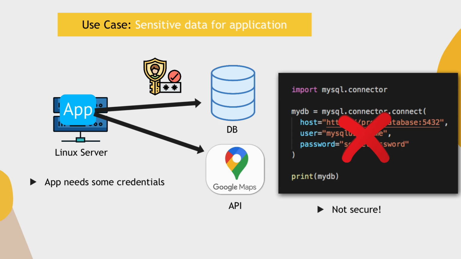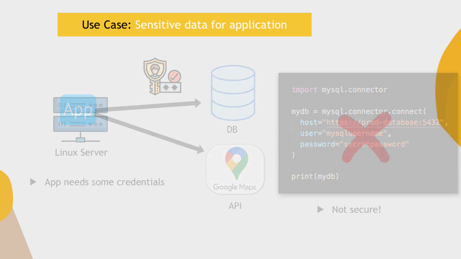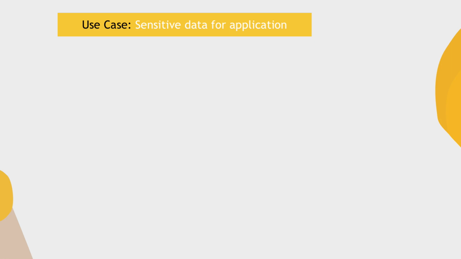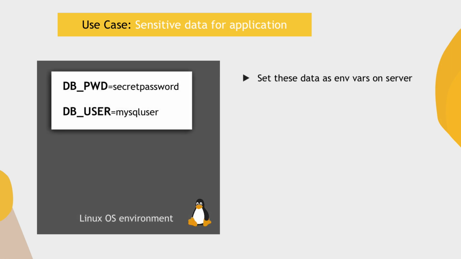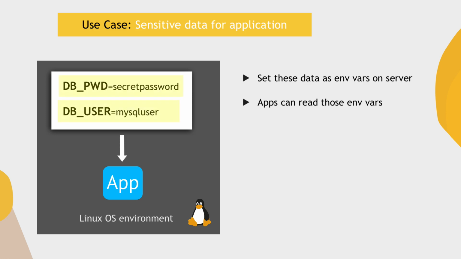So how do we store this sensitive data in a secure way, but also in a way that the application can access them when it runs on the server? And one very common way to do this is by setting such data as environment variables so that application can then read the values of those environment variables. How does it work? We basically create environment variables like DATABASE_USERNAME or DATABASE_PASSWORD.